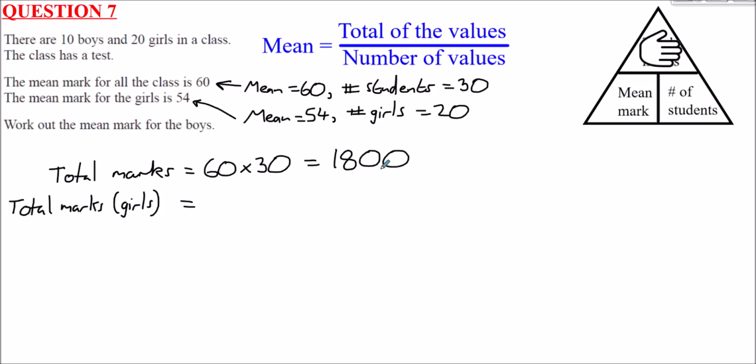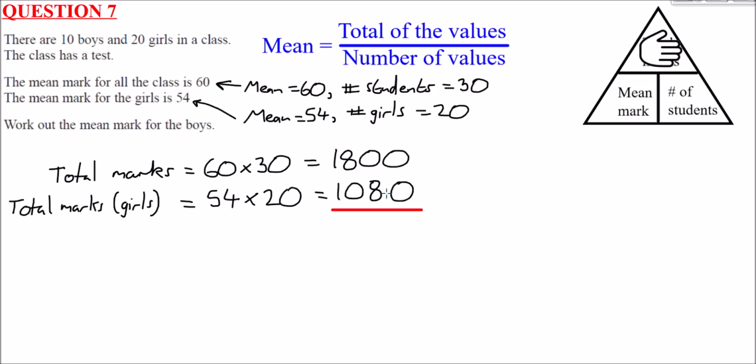Same process, we take their mean mark and multiply by the number of students. So it's 54 times 20 this time. So 54 times 2 is 108. Add on the 0, like this.